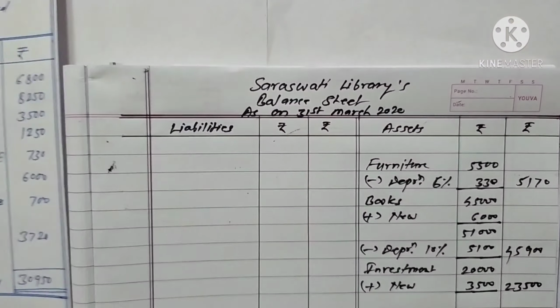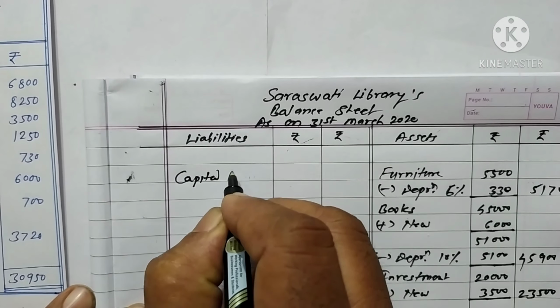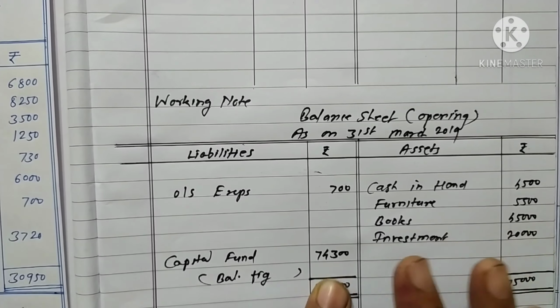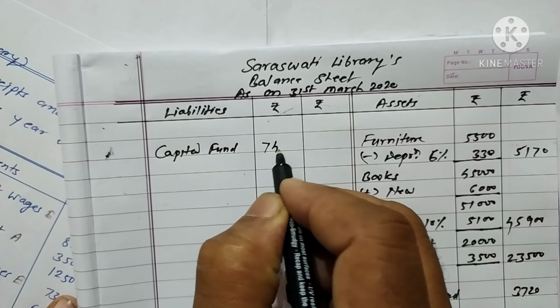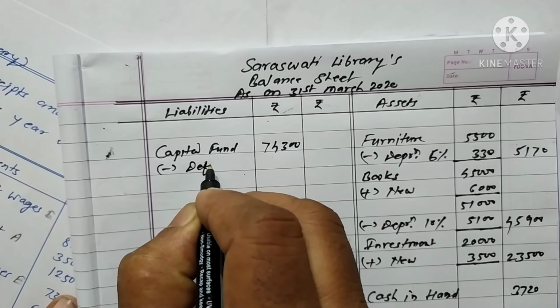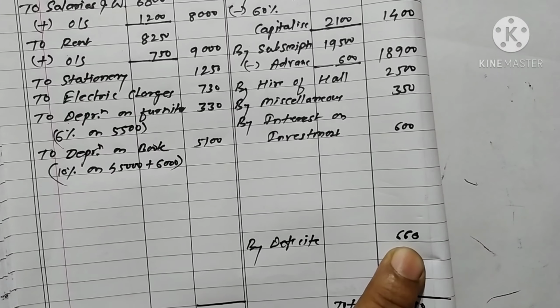We go to the liability side. First we write the capital fund, rupees 74,300. From this one we have to subtract the deficit, rupees 660.